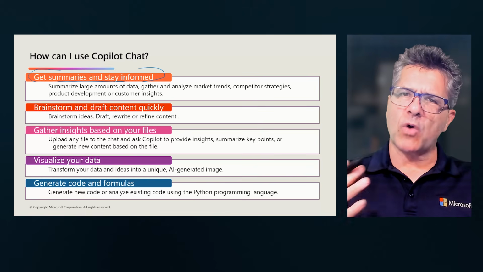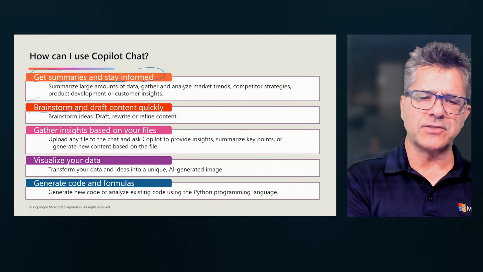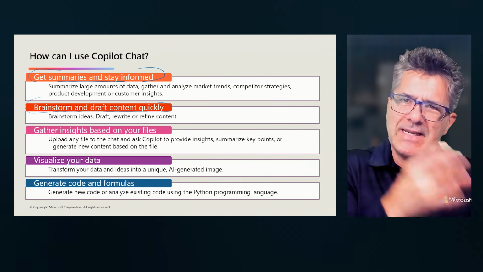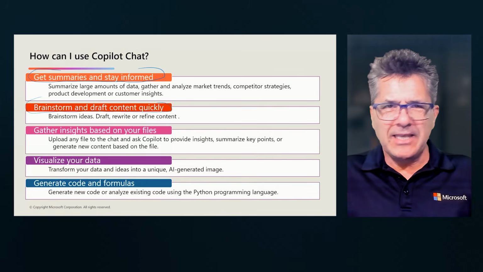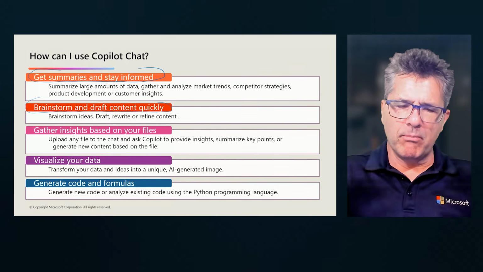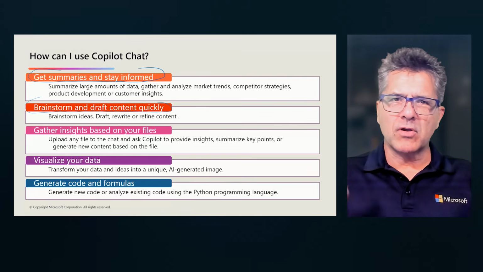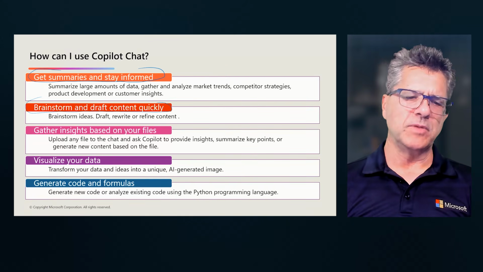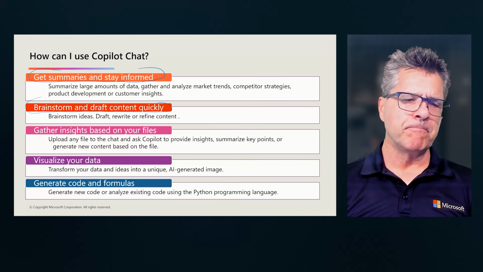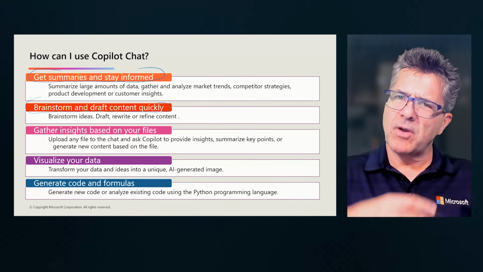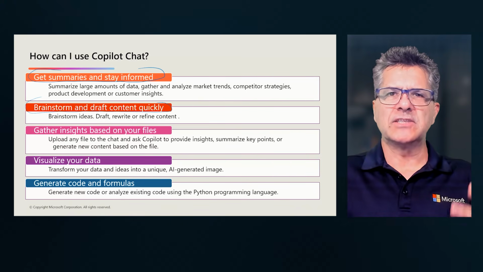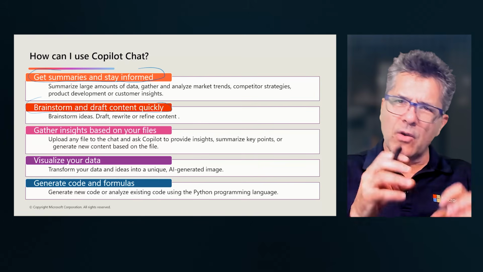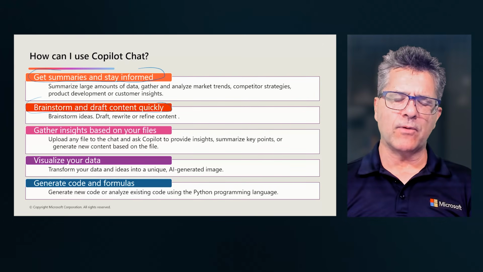We talked about brainstorming ideas. We saw some of that today, right? Quickly get some of the insights, draft content, emails, chats, maybe some blog content that I want to be able to configure with my teams. Gather insights. Maybe I want to look at details of these files or this content and only take specific content that I'm looking for.